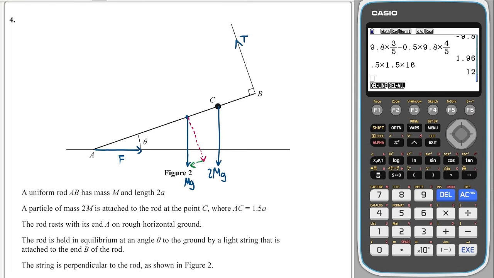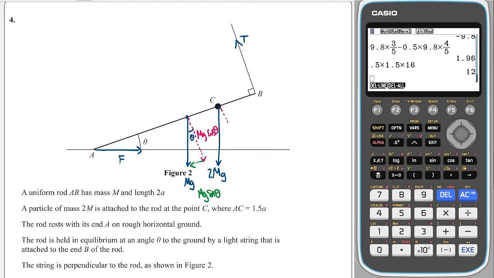And again, the angle in here is always the same angle as the slope. So therefore the red one is mg cos, because it's next to the angle adjacent to it. And this one here is mg sine, because it's opposite the angle.